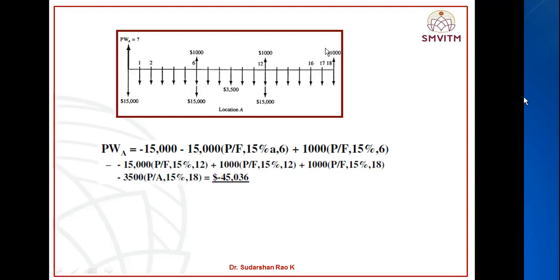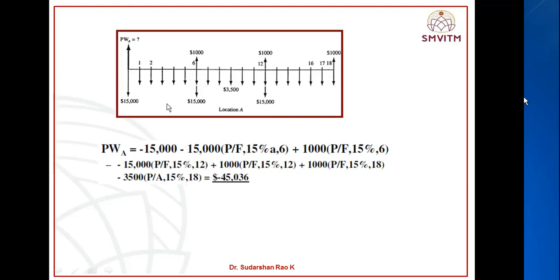Throughout the 18 years the same amount, 3,500, is converted from A into P, that is P by A 15% 18 years. Therefore the cost is minus 45,036.